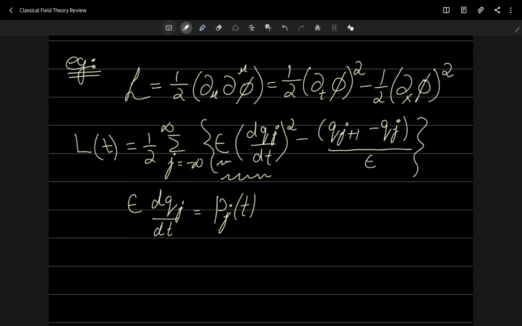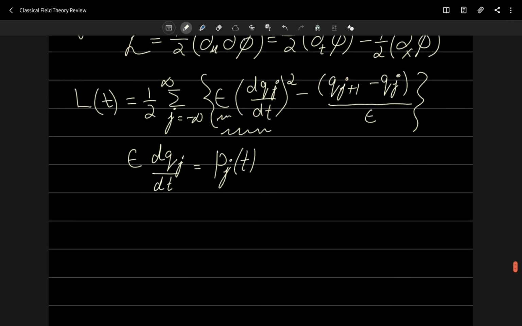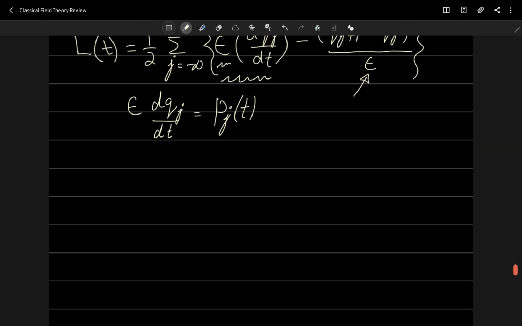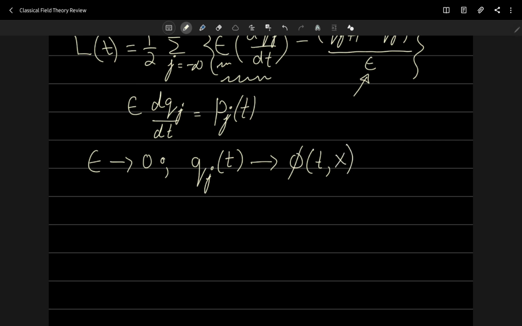And yeah, that's it. Now if you were to take the limit of epsilon going to 0, what would happen is that my q_j(t), this generalized position, goes to this field, as a function of time and position.